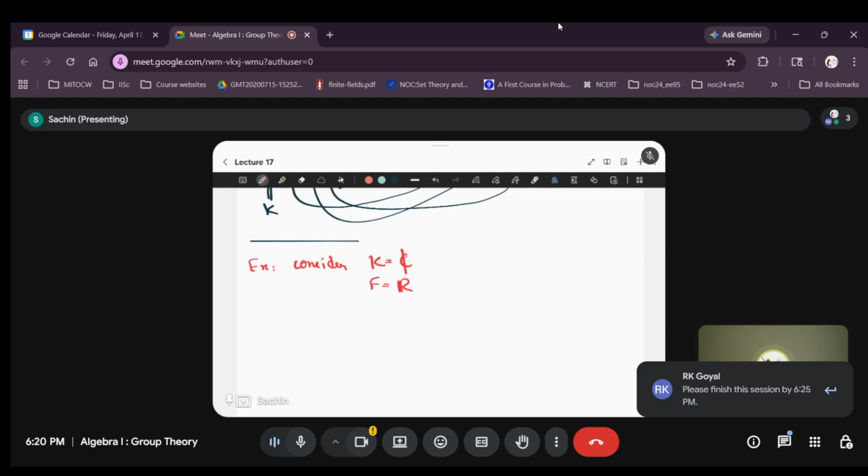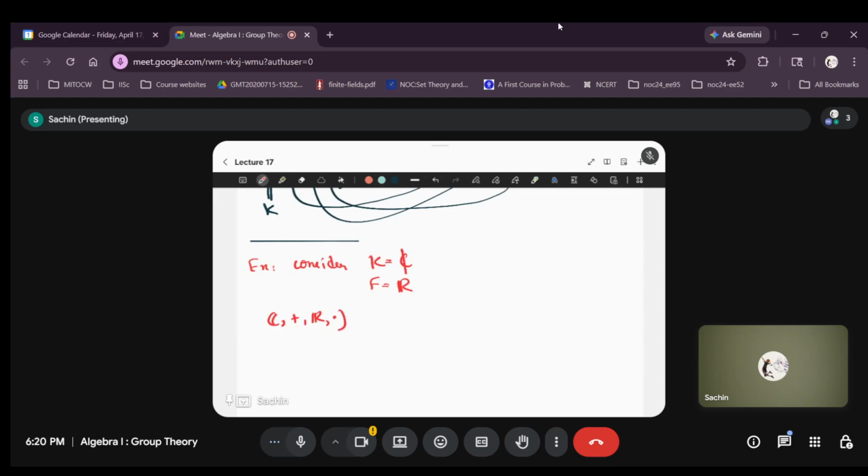Okay, I'll finish with this example. Now you can say C, plus, R, dot is a vector space. How can you write that?